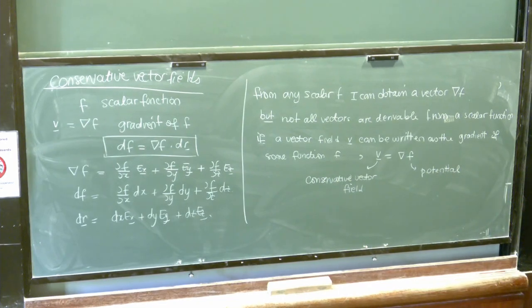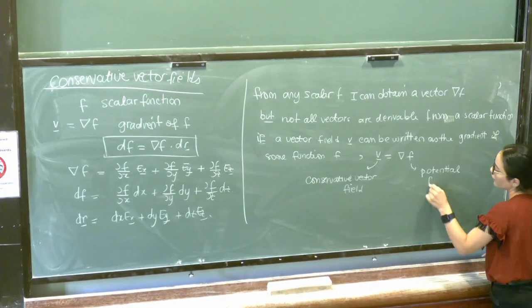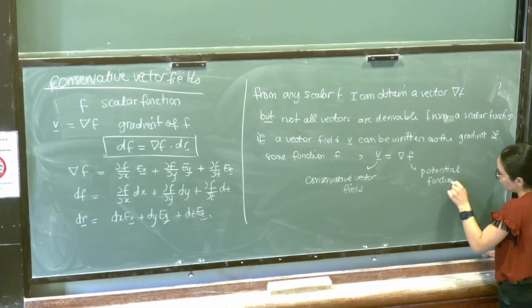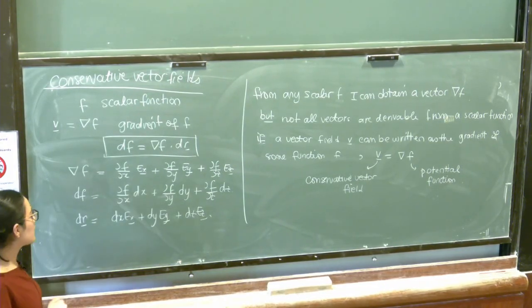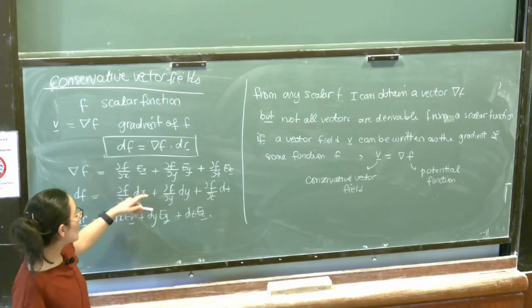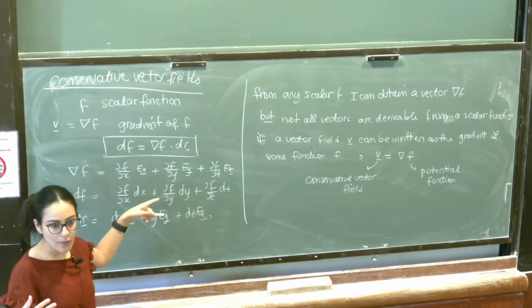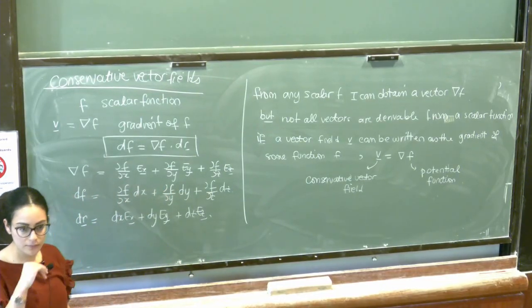Potential energy comes in dynamics. Potential function. Okay, any questions so far? So you've probably seen this before, and the conditions for a vector field to be derivable from a potential, maybe you've shown it, should be that fxy and fyx should be equal.